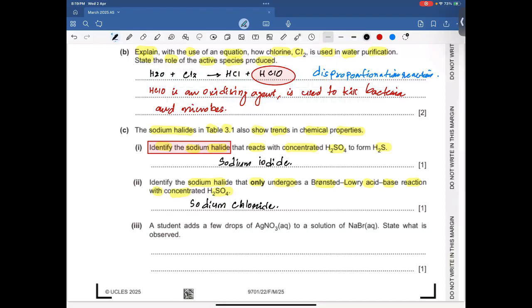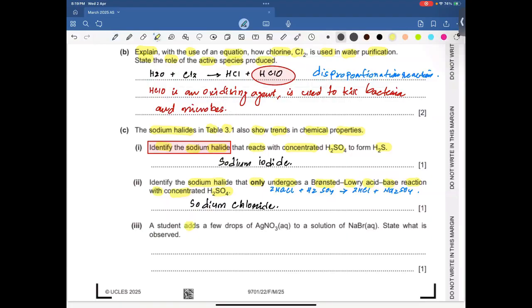That's what we have done in the class. This is NaCl. This is concentrated H2SO4. Instead of making chlorine, it's going to make misty fumes of HCl, which means in this reaction, concentrated H2SO4 is acting as an acid. So it undergoes a Brønsted-Lowry acid-base reaction. And sodium sulfate.